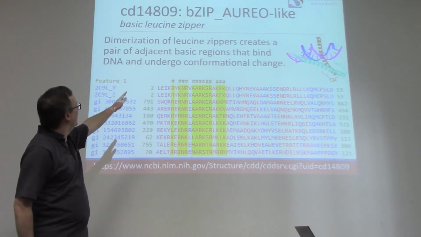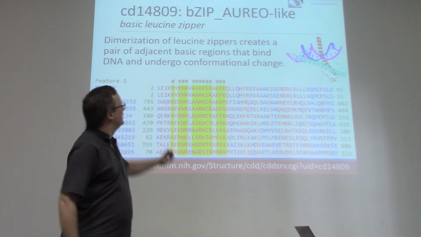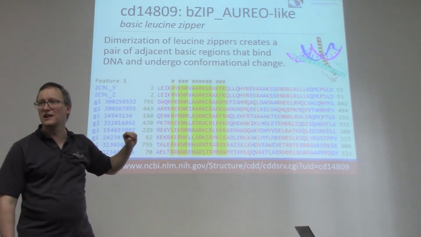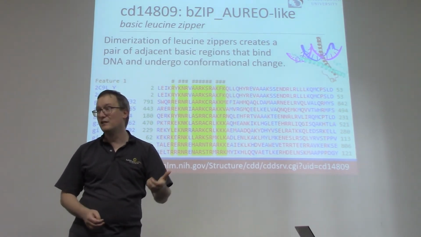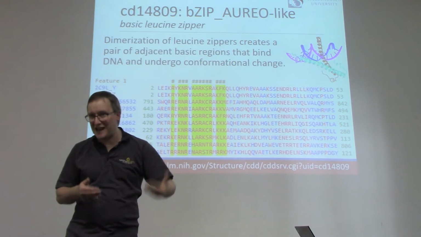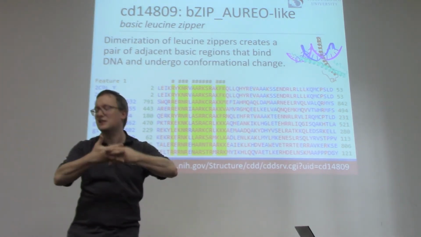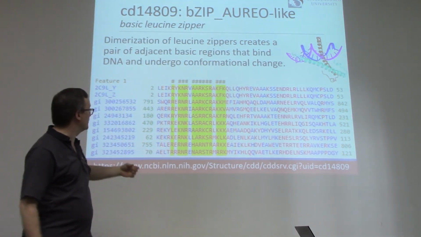We now have something called a leucine zipper. Leucine zippers create a whole bunch of adjacent basic amino acids, and one of the things this enables them to do is to interact with DNA, which we should all remember is in fact an acid. So these basic residues are able to interact with the acidic structure of the DNA in order to carry out its function.